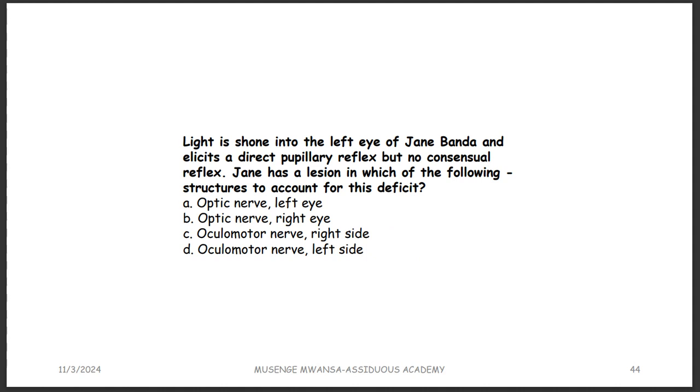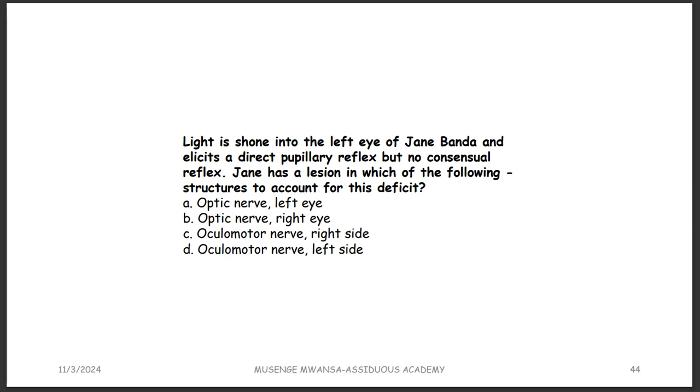Okay, they're even stating the side: optic nerve, left eye; optic nerve, right eye; oculomotor nerve, right side; oculomotor nerve, left side. Which one can we pick here? Oculomotor nerve, right side.